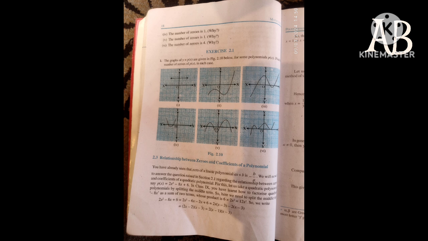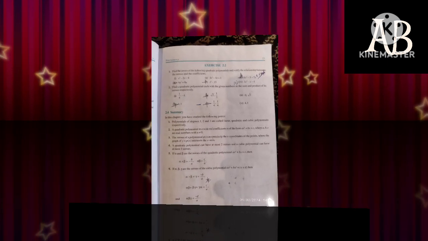Now in the polynomials chapter you have to remember one thing, that the first exercise is graphs and it is always coming as an MCQ. So you are not allowed to leave it. You must do it.